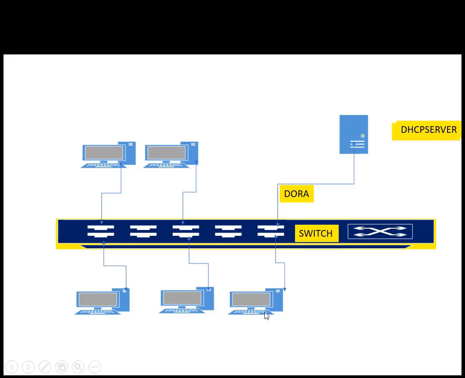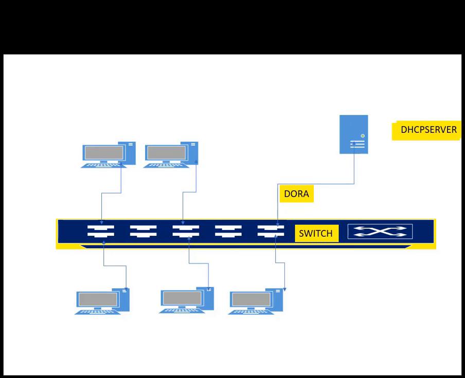So let us say we have this computer here, and right now they are completely off. When we turn on this PC, it sends a broadcast to get the IP address. This broadcast is received by these computers and this server too, because they are connected to the same switch, so every device connected to this switch gets that broadcast.